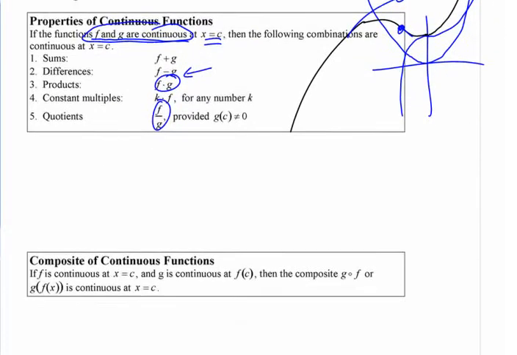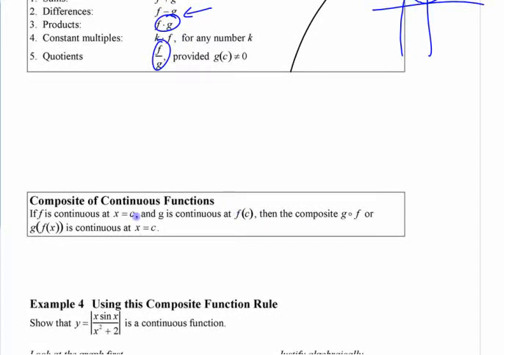The composition of functions is continuous. This one's harder to say because, if f is some continuous function at c, and g is continuous at whatever that y value is, right? If you have some value like x equals 3, and you know that you have a function that's continuous there, that chain is also going to be continuous.